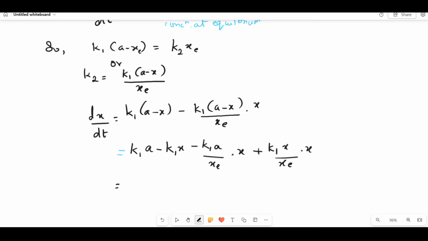That will be equal to k1a minus k1x minus k1a divided by xe into x plus k1 into x. This is xe here. This and this gets cancelled.